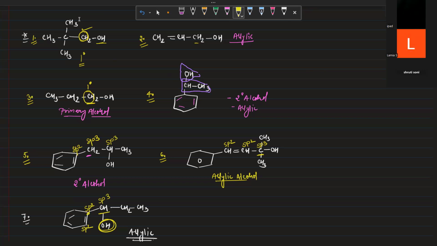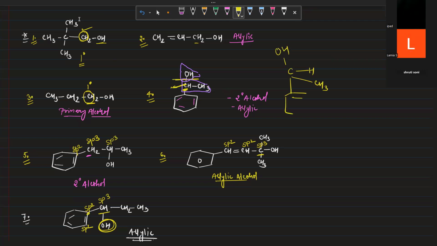We only see OH, and OH attached to a carbon. So we are going to discuss only this carbon. Now this carbon has one bond with hydrogen, one bond with CH3, one bond with a ring, and one bond with an OH.